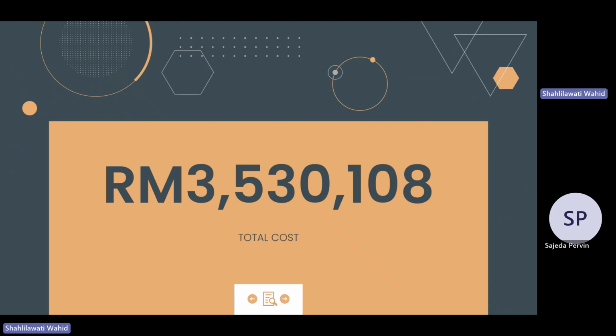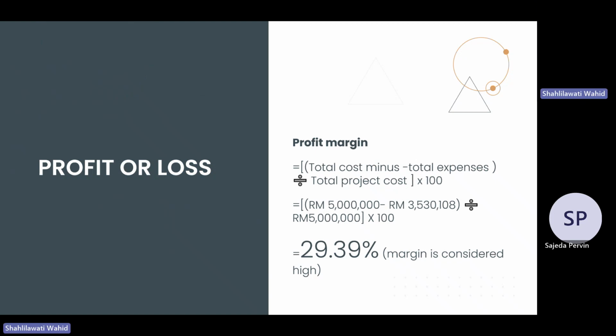The total cost of our project GWBBP is 3,530,108, and in the project we get profit from it, and this is the profit margin. The profit margin is important for the success of the project.